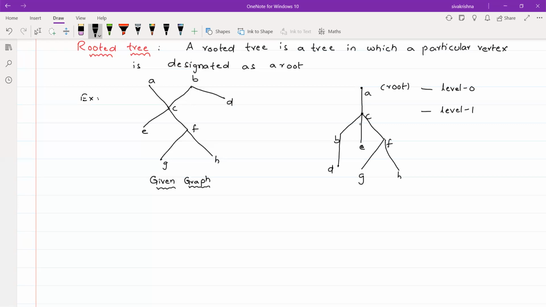Okay, and B, E and F are level 2. Finally, the last vertices D, G, H can be treated as level 3. Okay, so we can also name the parent as well as the child for the rooted trees.